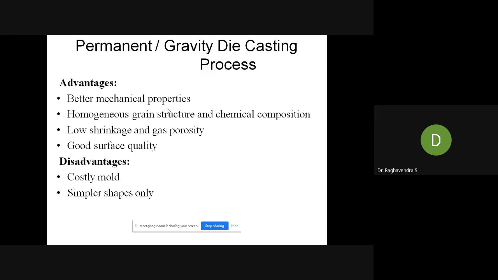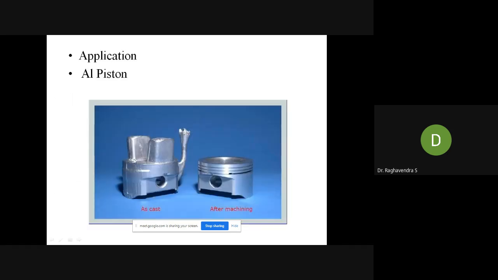These are common advantages. Similarly, the disadvantages: it is a one-time investment, mold cost is very high, and shapes are restricted to simple shapes. We have some applications, which you see here.